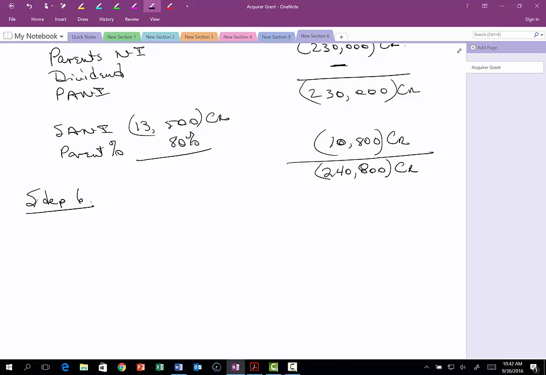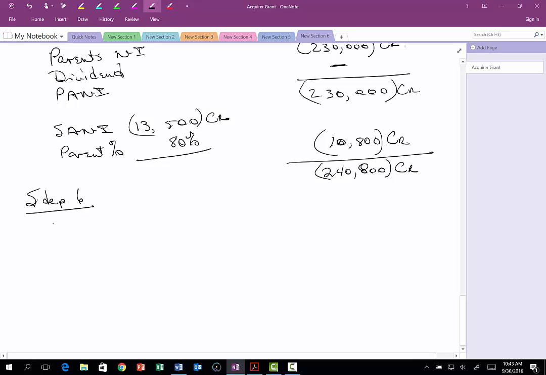So we have to figure out what the parent portion is of the sub's retained earnings. Essentially in this particular calculation, we need to figure out how much of the sub's retained earnings we share in, how much we're actually going to eliminate. So we still don't share in any of the retained earnings prior to acquisition.